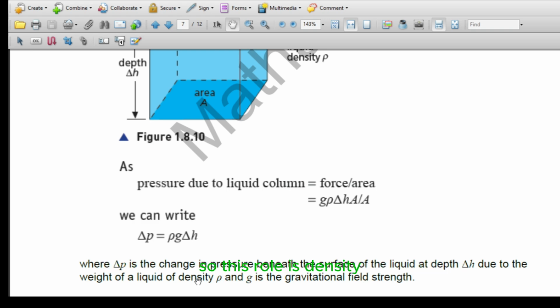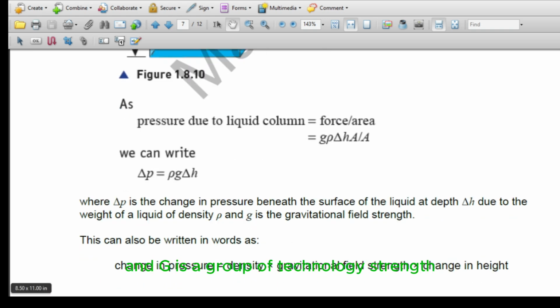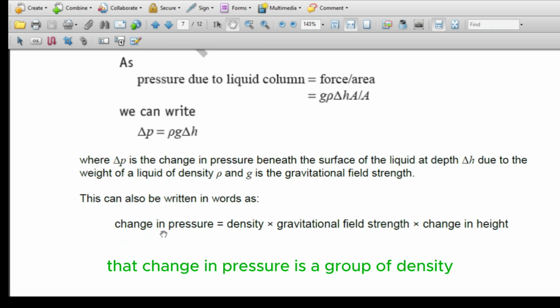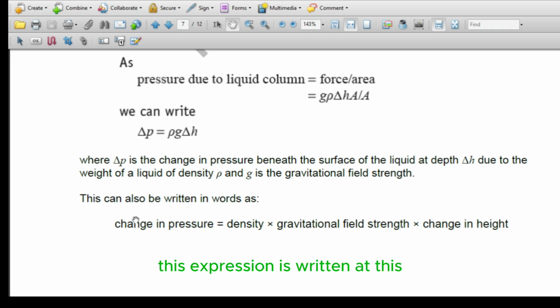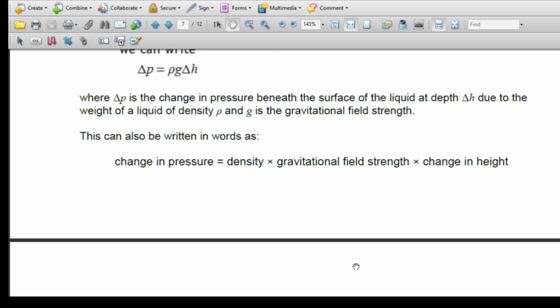This can be written in words: change in pressure is equal to density times gravitational field strength times change in height. This expression is written as this.